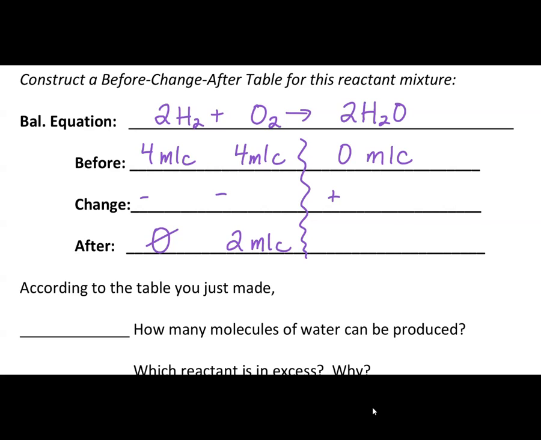So that's going to tell us what our change needs to be. Okay. We used up 4 molecules of hydrogen. We used up 2 molecules of oxygen. And then we made 4 molecules of water. Remember, when your coefficients in your balanced equation are the same, the change in moles is going to be the same.